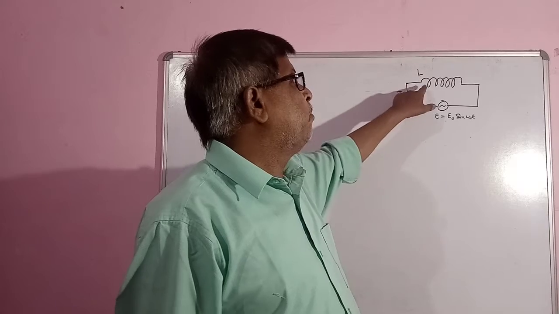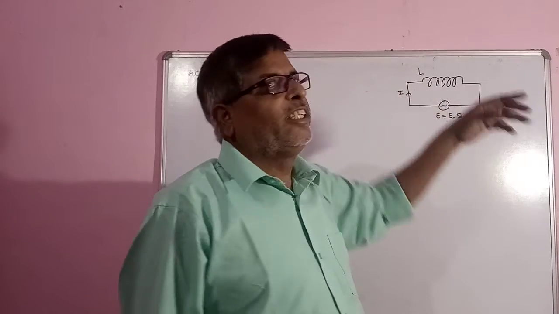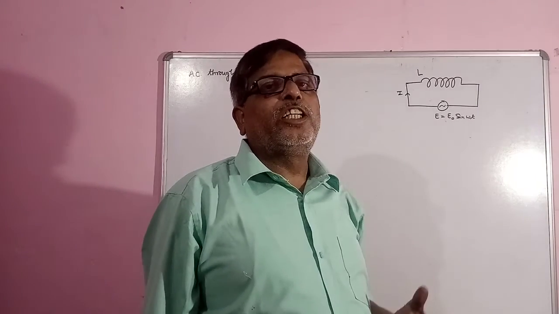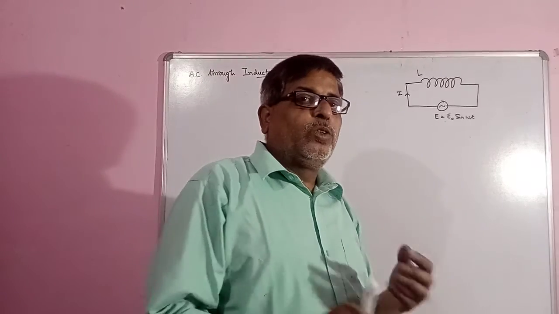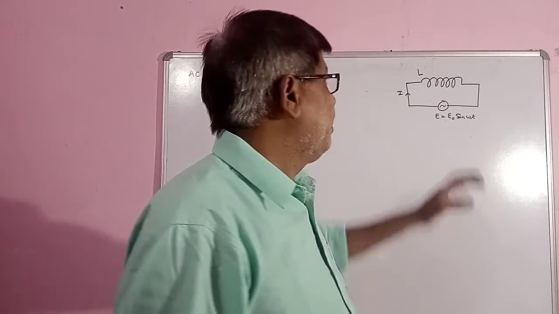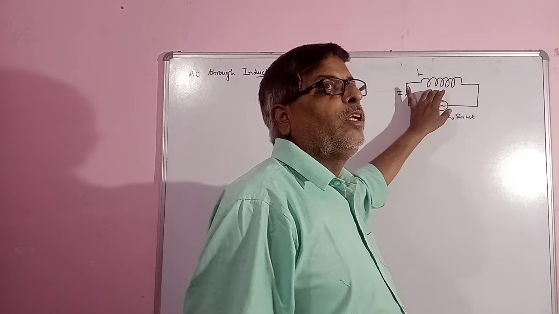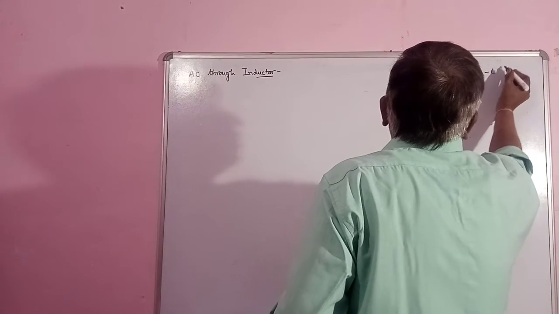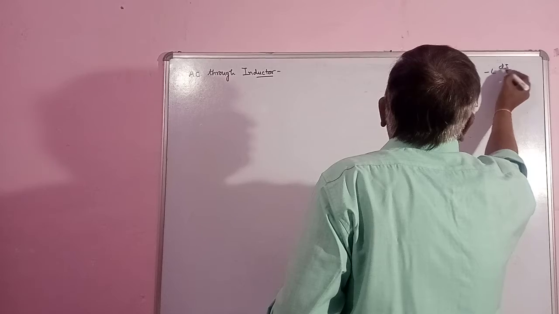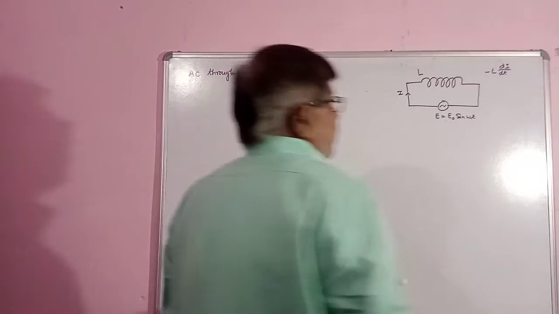When current is time variant, we know this fact that an induced EMF is produced. Due to self-inductance of the coil, an induced EMF will be produced, and the amount of that induced EMF is minus L di over dt.